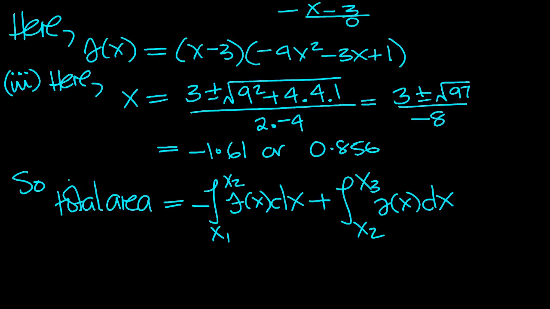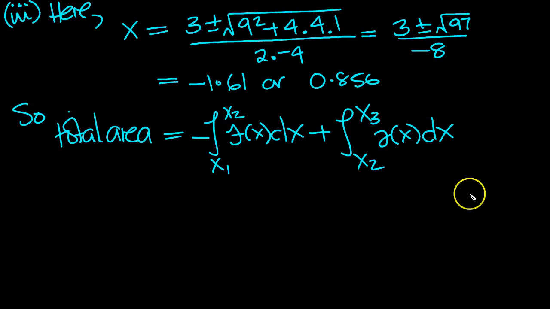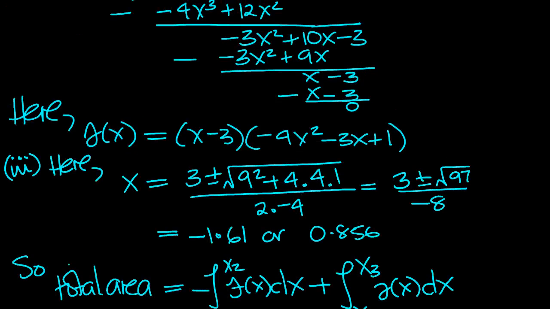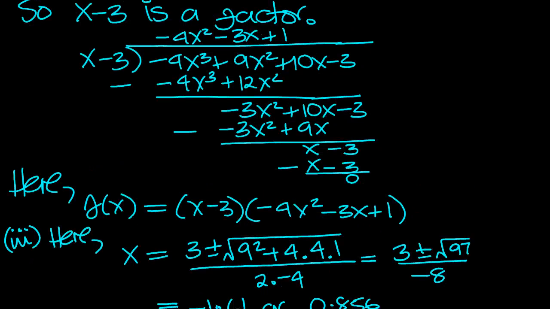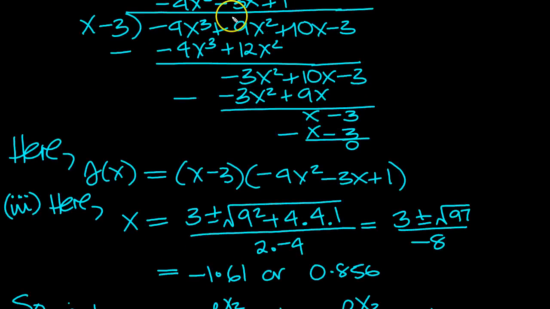Okay, so let's do it then. These are awkward numbers, but we'll have a go. So it's equal to minus. Now this integral here, I've got to write down the cubic. There it is there, hiding in here. Minus 4x cubed plus 9x squared plus 10x minus 3.